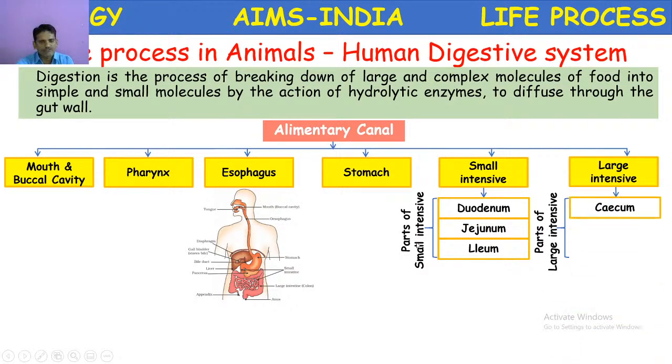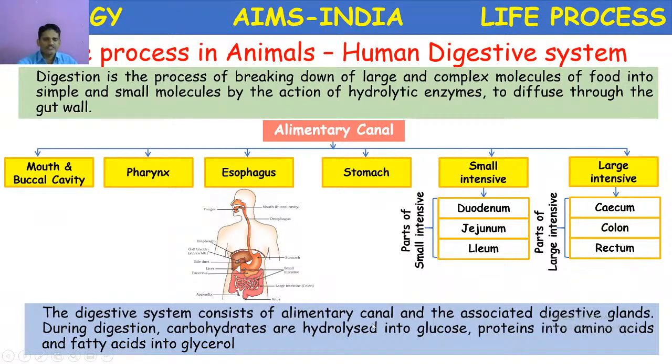The large intestine is also divided into three parts. The first part is the cecum, then the colon, and the terminal part of the large intestine is the rectum. Rectum opens out through the anus. The starting point of the digestive system is the mouth and the ending point is the anus.